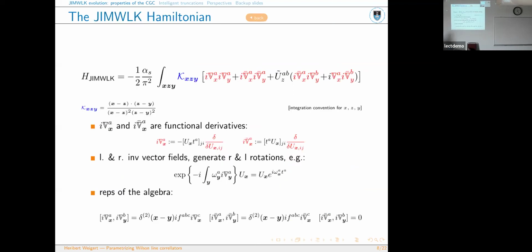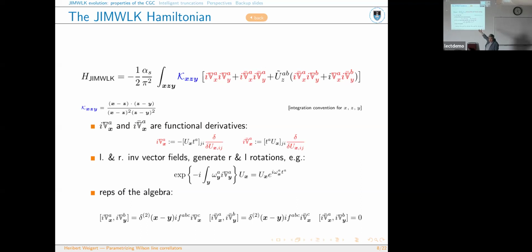Now, what is this operator? Well, here comes another mathematical conundrum into the game. This is a functional differential operator. You see these nablas that carry a color index A or B and the coordinates x and y. These are functional derivatives that you can express in terms of these Wilson line fields that carry that transverse coordinate at which your hot particles punch through this gluon field.